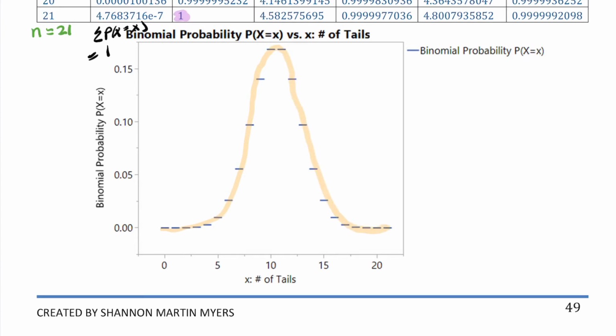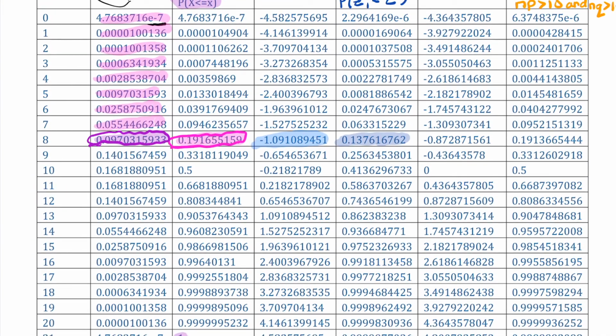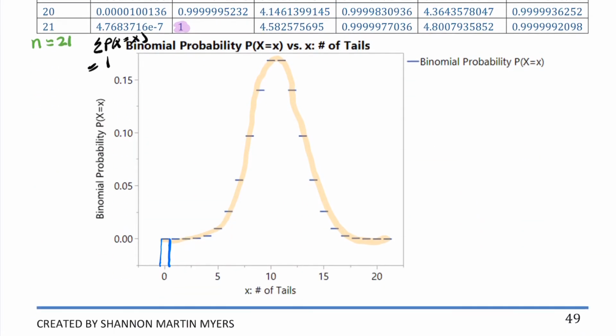But what happens in reality with each of these little bars is that this is the model of your density function here. You've got things that are effectively 0, and so you've got all of these bars.